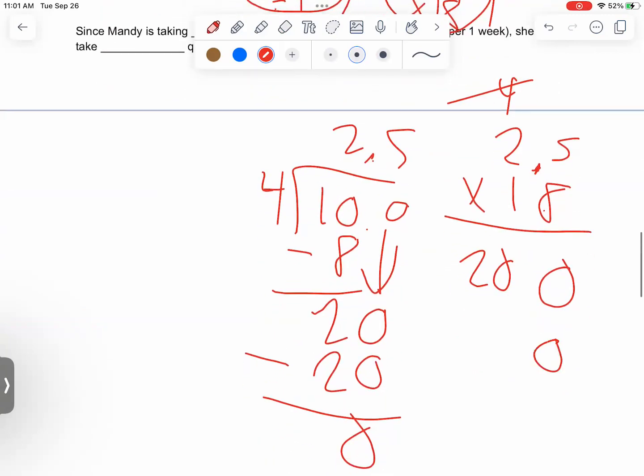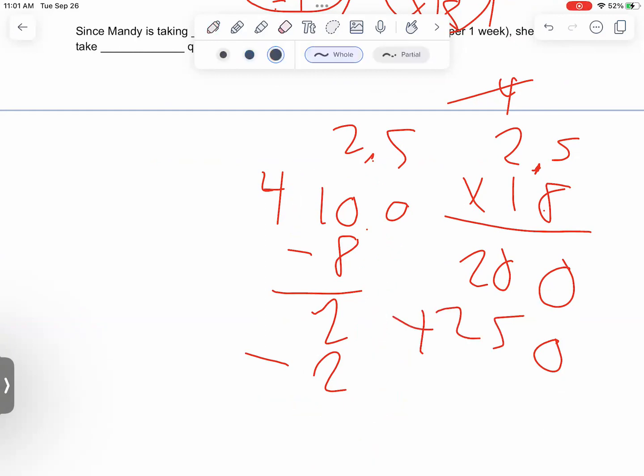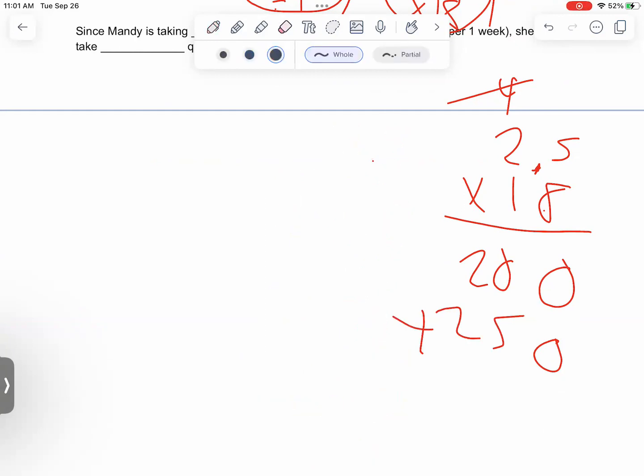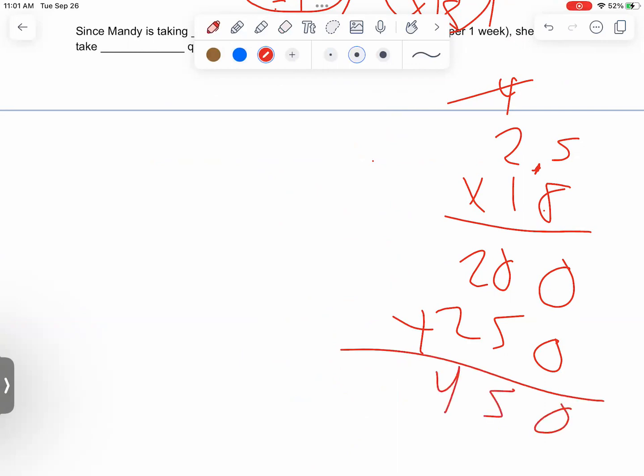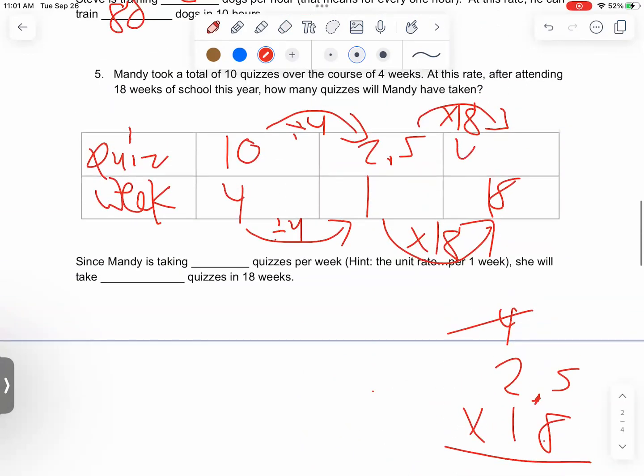Okay, and then 5, 2. All right, so now we add this guy up here. 0, 5, 4. 1 decimal place in the problem, 1 in the answer. That's 45. So Mandy is taking 2.5 quizzes per week, and she will take 45 quizzes in 18 weeks.